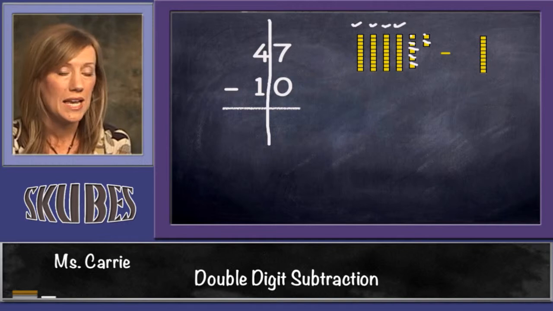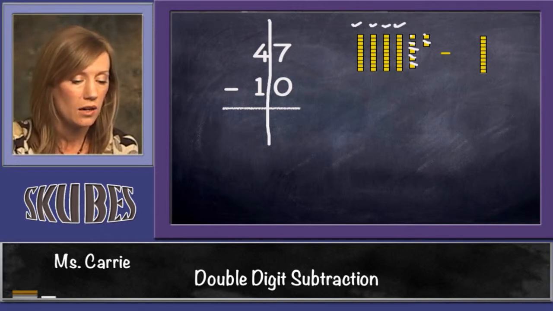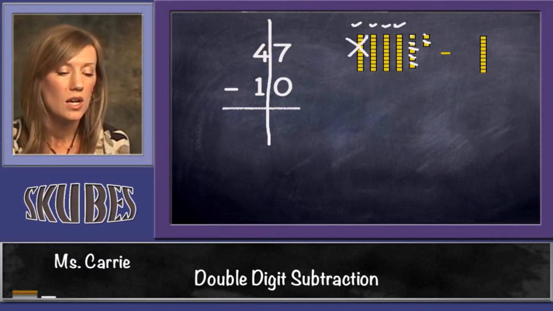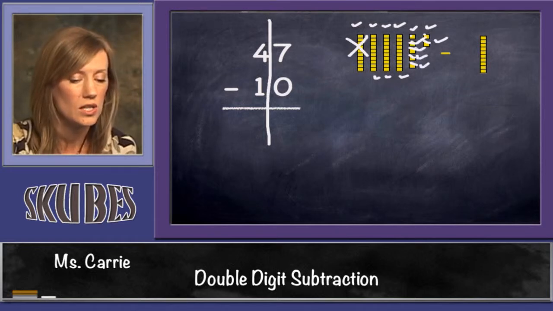So since we're taking 10 away, we don't need to go into the ones. We just need to take a full block of 10 away. I'm going to X that out right here and see what we have left over. We have 10, 20, 30, 31, 32, 33, 34, 35, 36, 37.